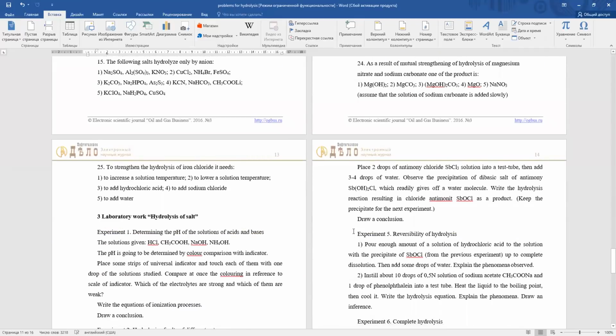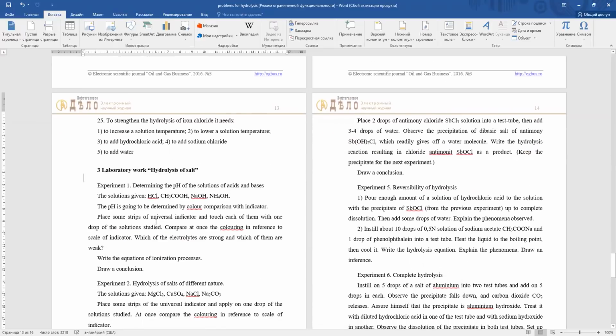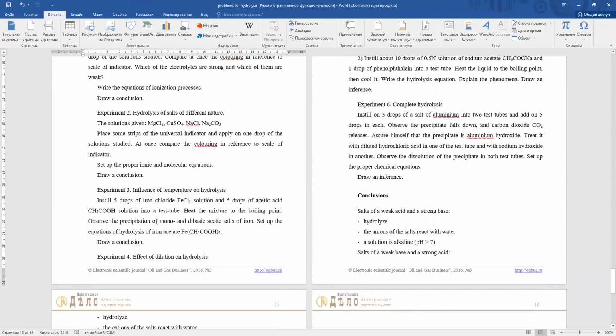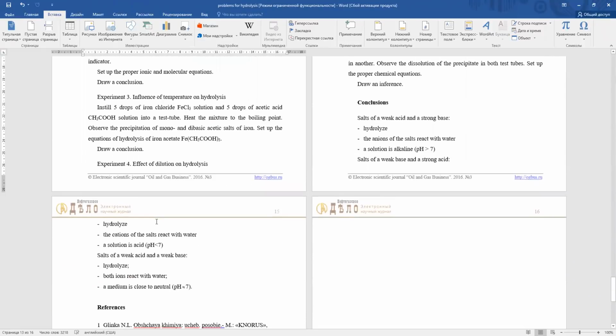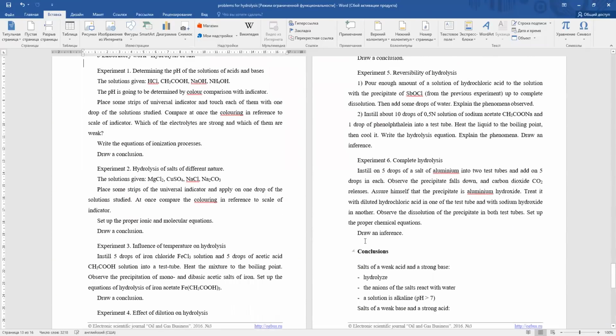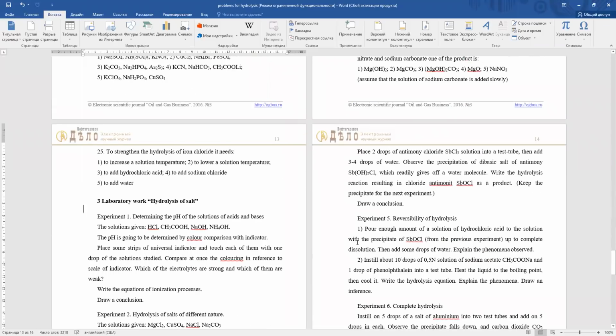So these multiple choice questions are for you, and here is the practical work. Here are the laboratory experiments. You just have to read them and draw a conclusion. What happened and what kind of result did you get? This is just imagination.